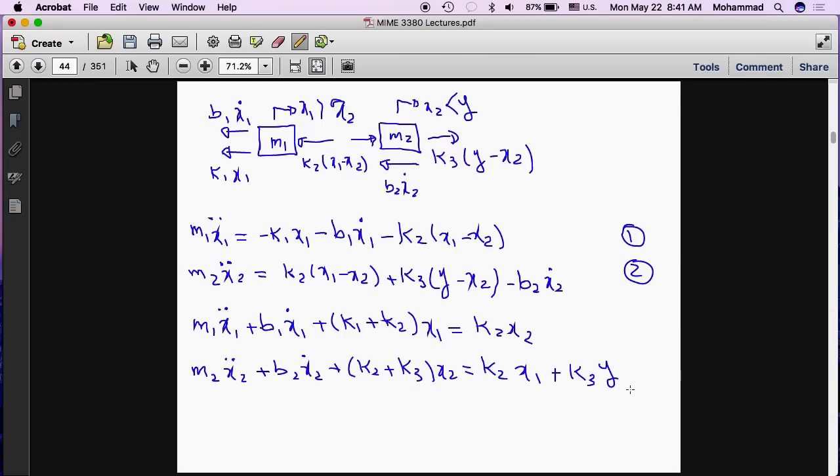So did I do this correctly? Please compare your rearranged equation 1 to my rearranged equation 1 and also for equation 2, and let me know if I missed anything or there's a sign mistake.